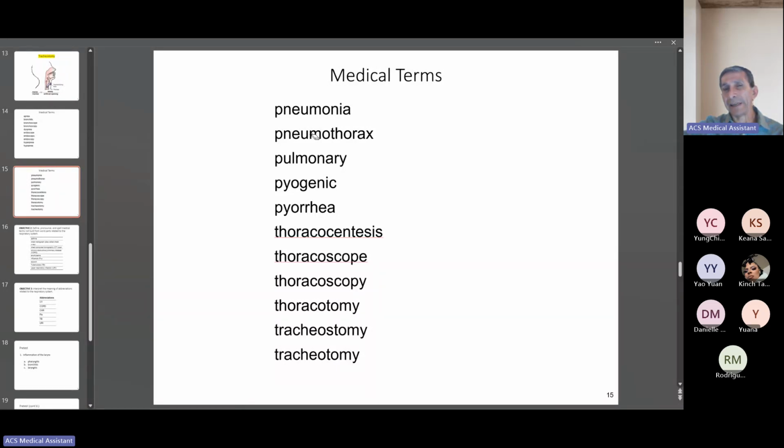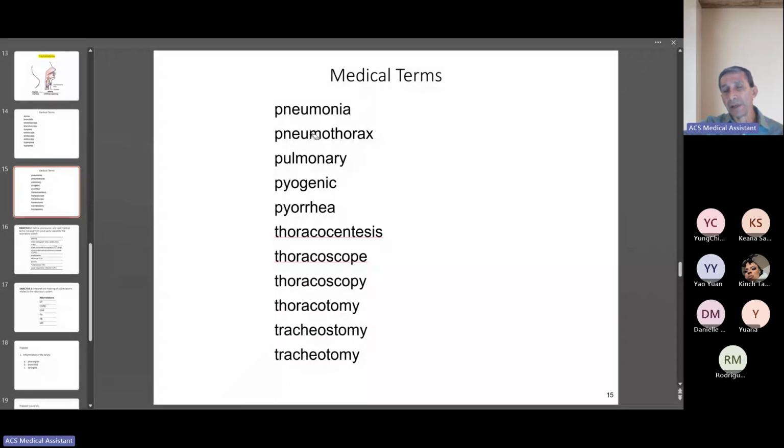Pneumonia, ia, condition of the lungs. Pneumothorax, air in the lungs. Remember, this is not the normal air that goes to the lungs. This air goes outside some little structures that hold the air. This air does not go to these small sacs where the gas exchange is going to happen.